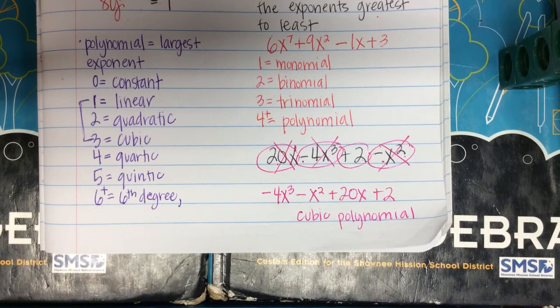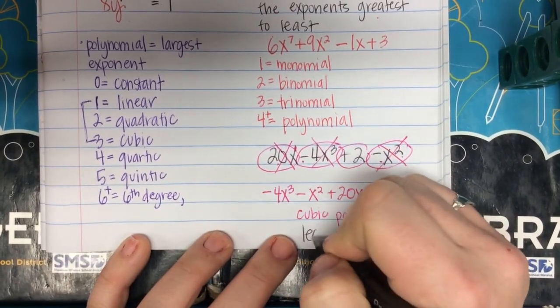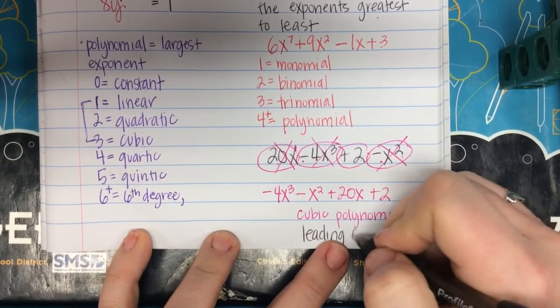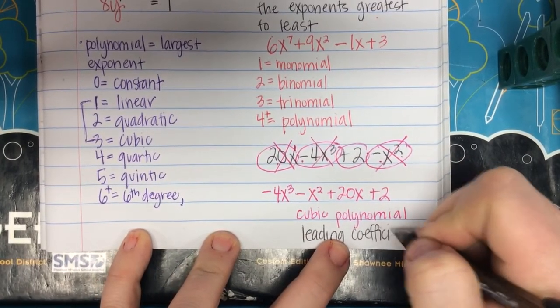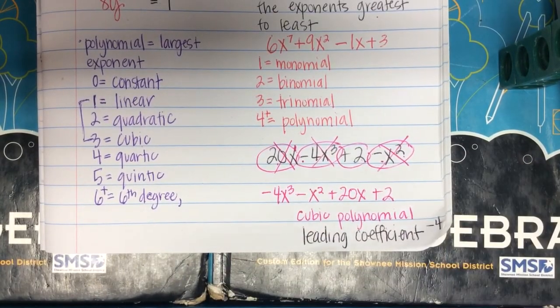Looking at the problem, what is the leading coefficient? Think of a line leader in elementary school. What is the leading? What, Tommy? -4. Because -4 is what it starts out. What if there was no number? What would you put? 1.